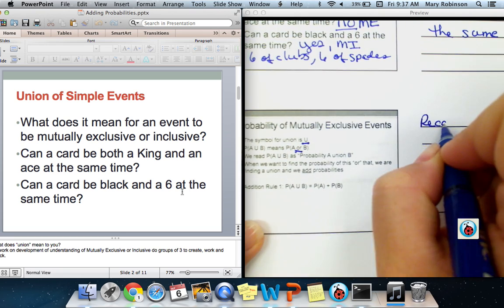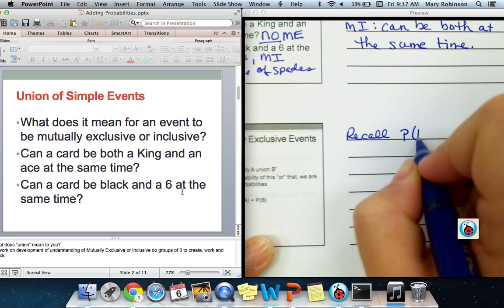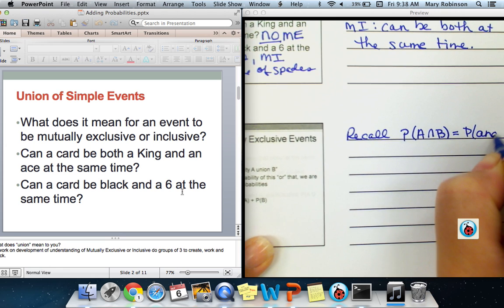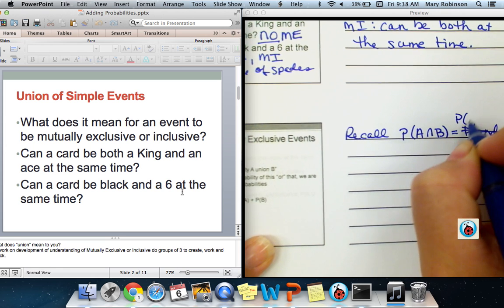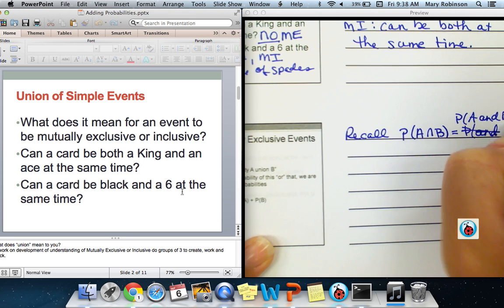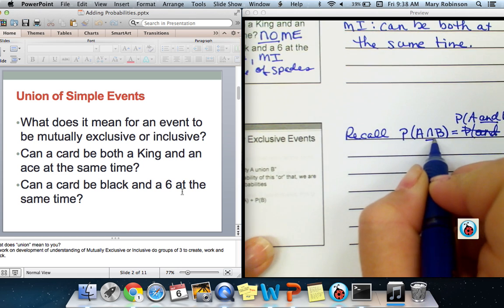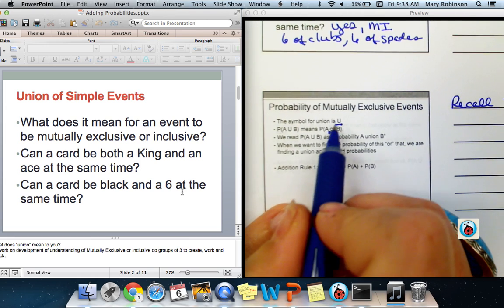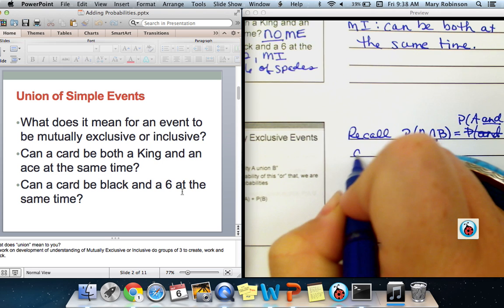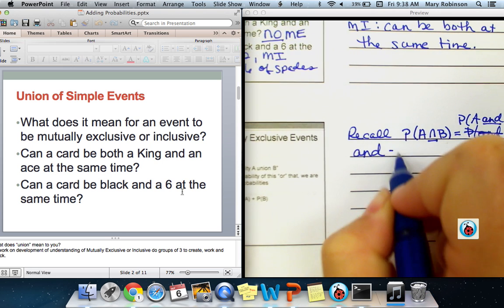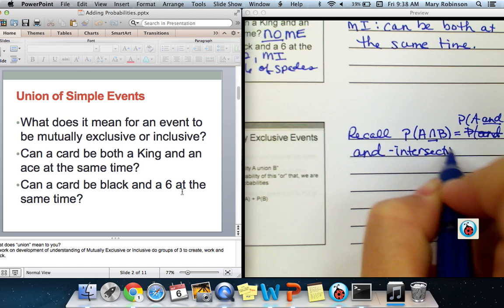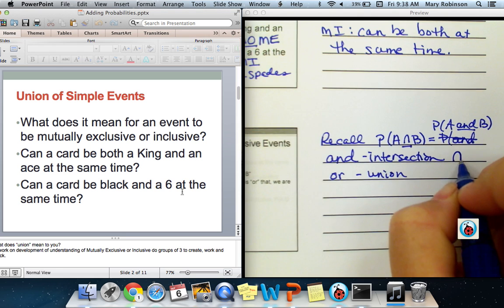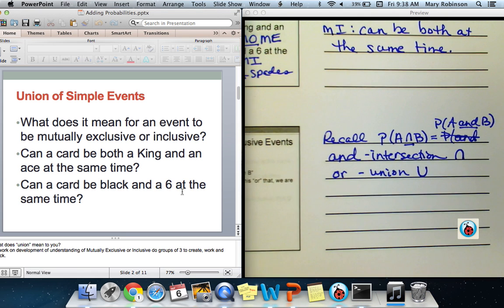Recall that the probability of A intersection B means the probability of A and B. Intersection looks like that, and union looks like that.